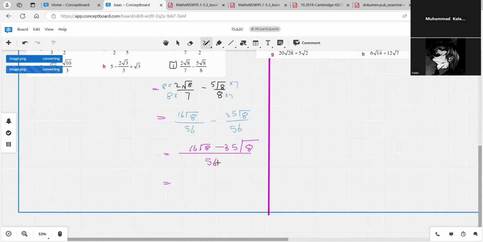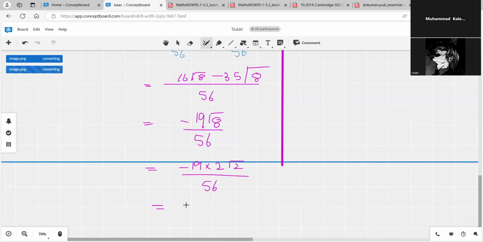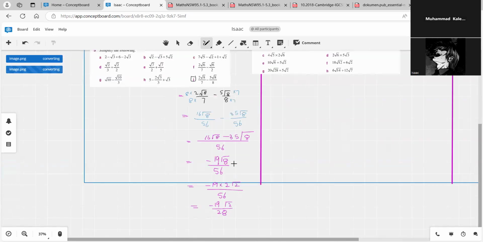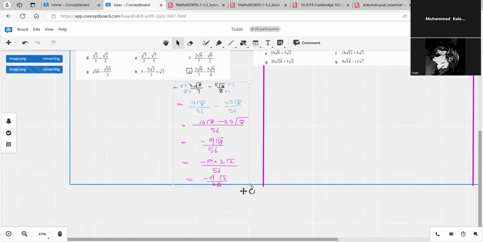Will be 10, 19. Inform me when you're done, and also inform me if you need any help in it.